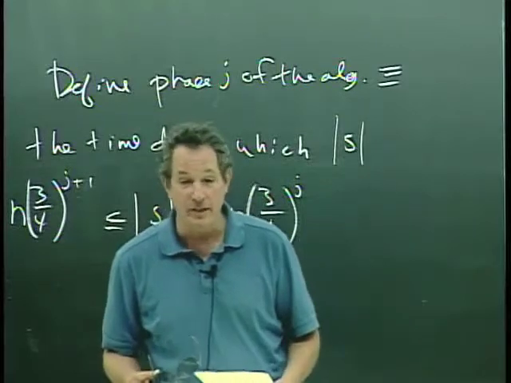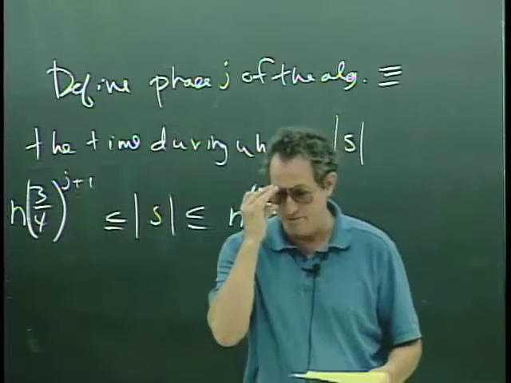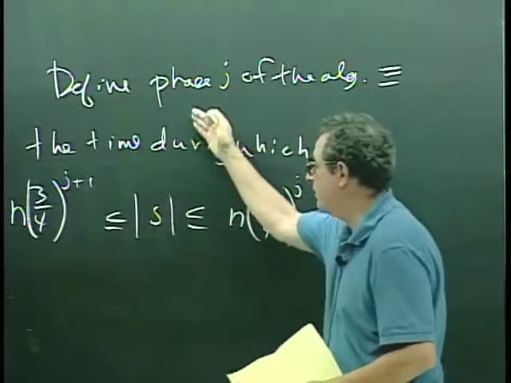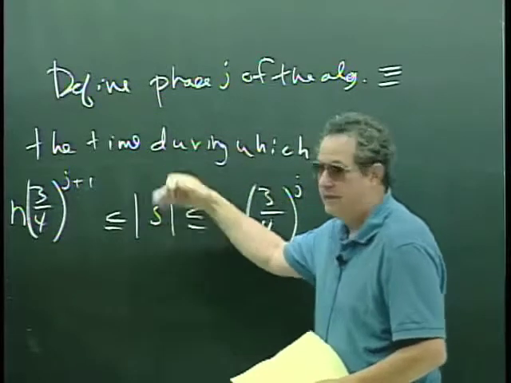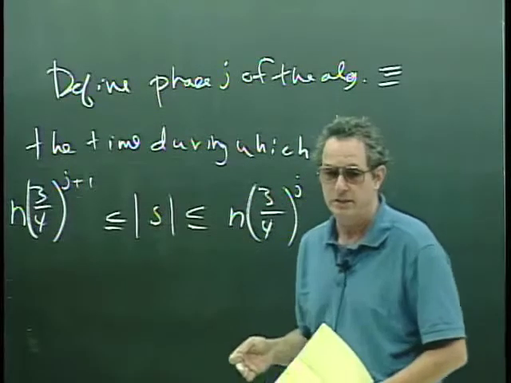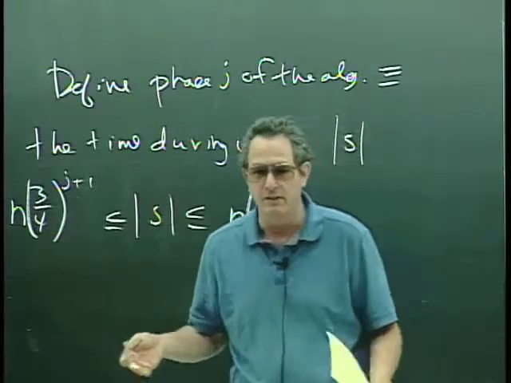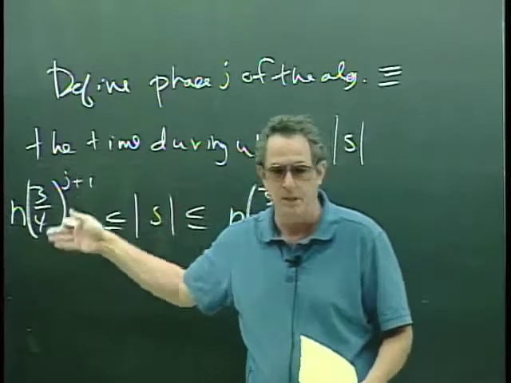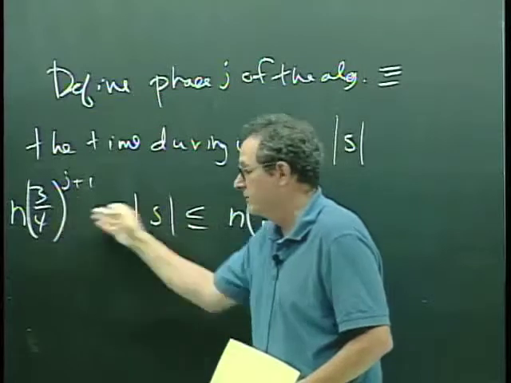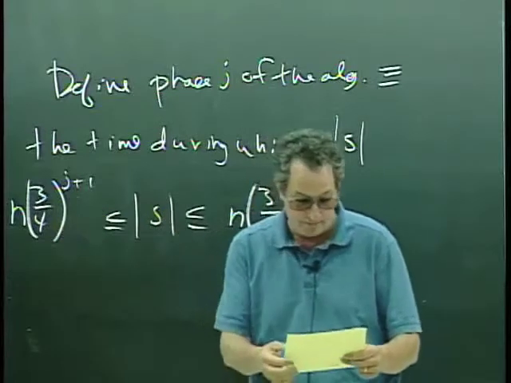We're going to look at that; that's part of why we're defining this. The only thing I've said so far about how many iterations, or recursive calls, you're in phase J is that it's possible that it's none. The algorithm could possibly skip by it, but if the cardinality of S is in this range, then we say you're in phase J.